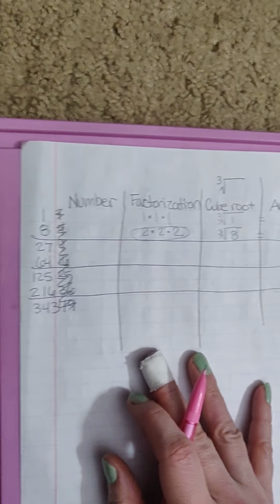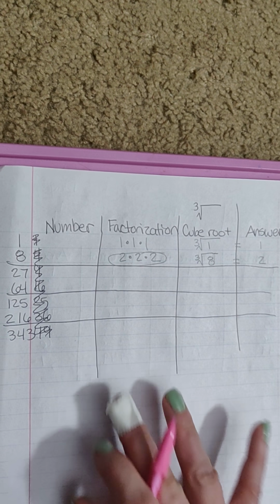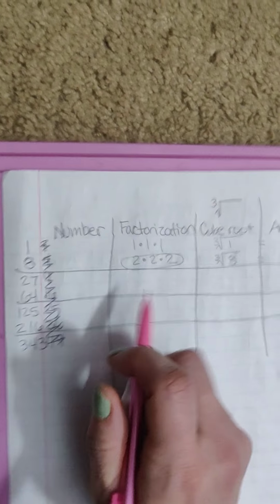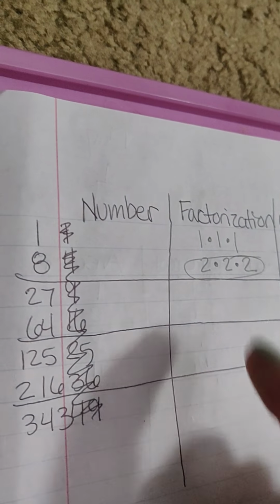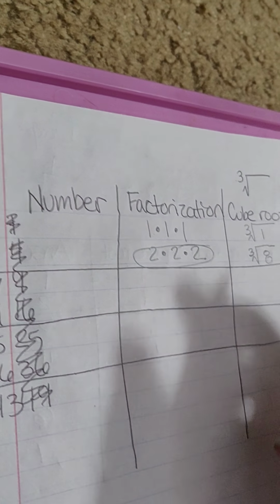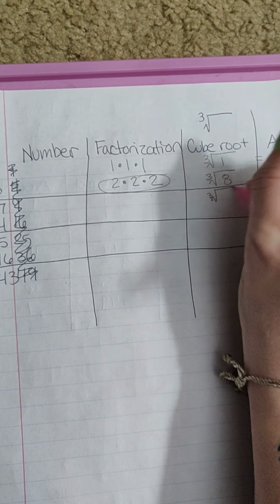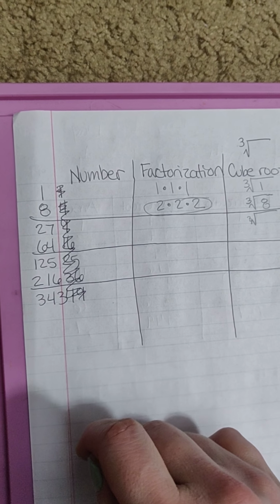Okay, let's take a peek at 27. So for 27, I know it's not 2 because 2 worked for 8. So now I need 3 numbers that when multiplied together get me 27.